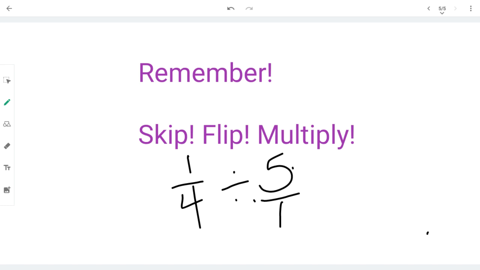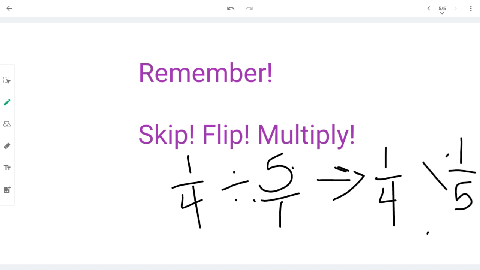and then we're going to multiply. So skip, flip, multiply. So we're going to change it so that it looks like this. 1/4. So we're going to flip so that's 1/5 instead of 5 ones. And then we're going to multiply. 1/4 of 1/5, which is 1/20. 1/4 divided by 5 is 1/20.